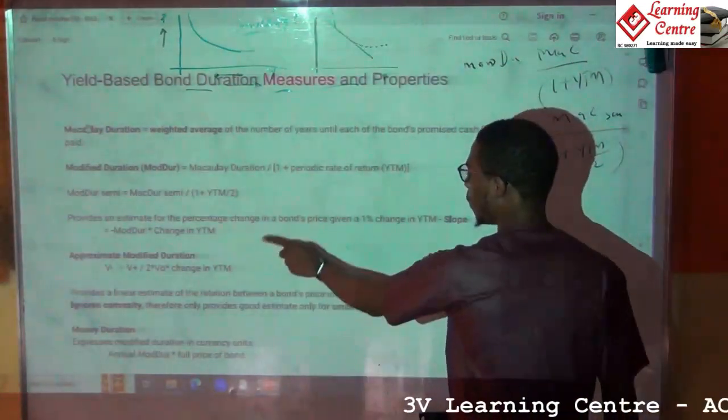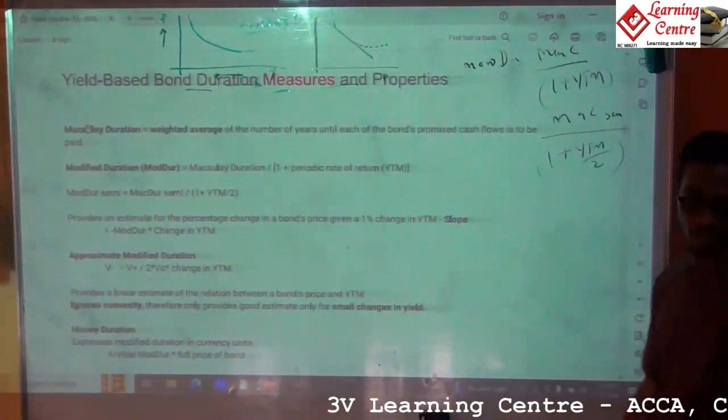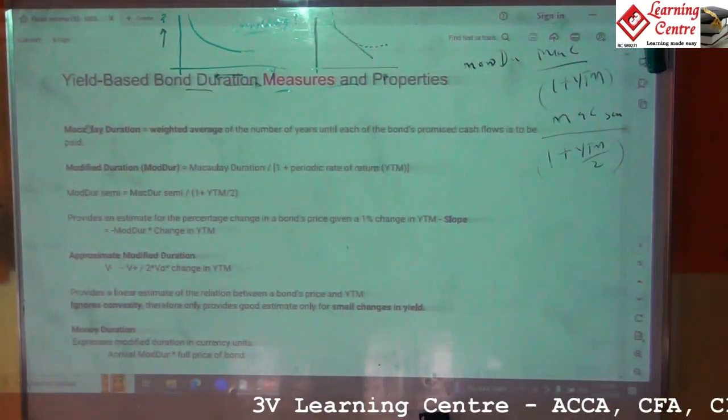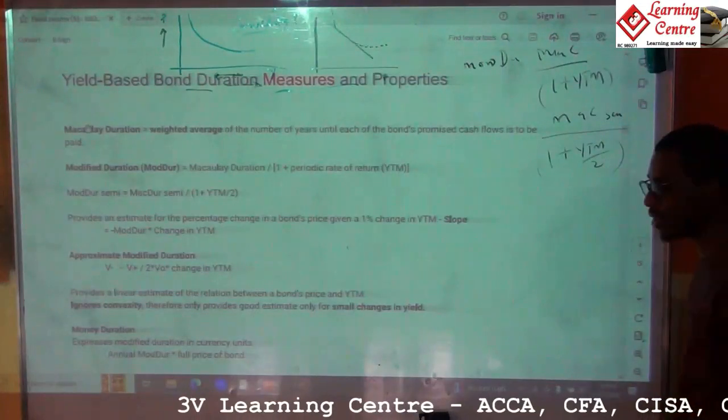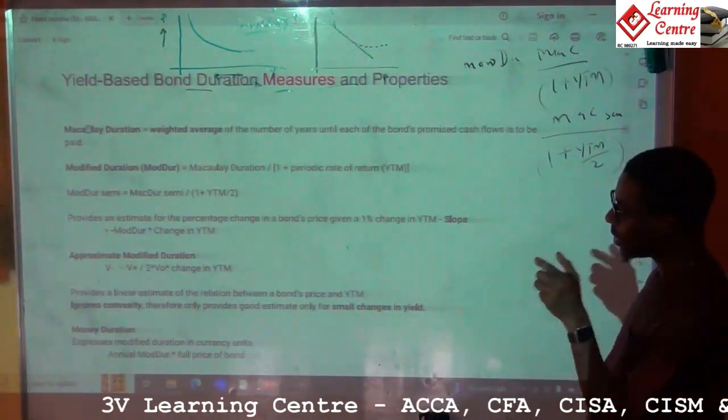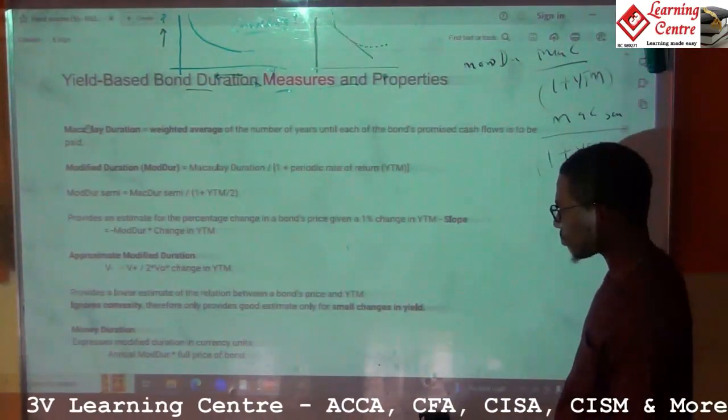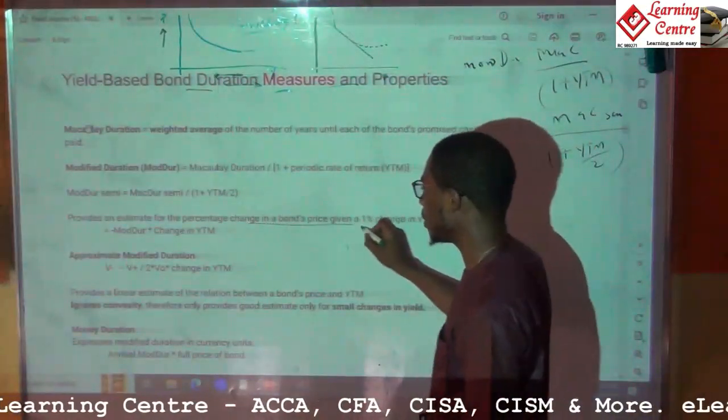Okay. Why are we doing this? Bond duration is an estimate of the sensitivity of our bond to changes in the yield curve. Look at this formula here.